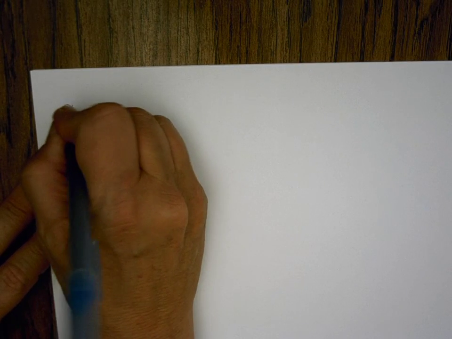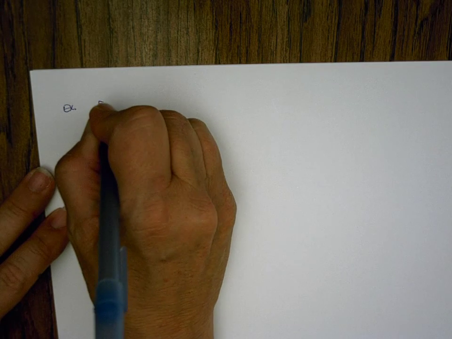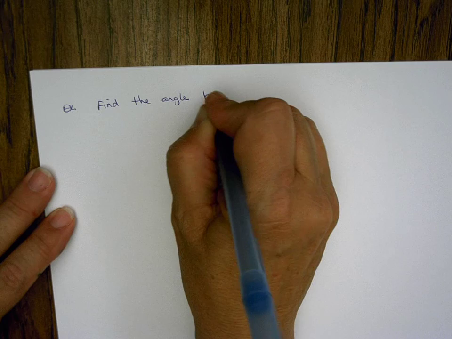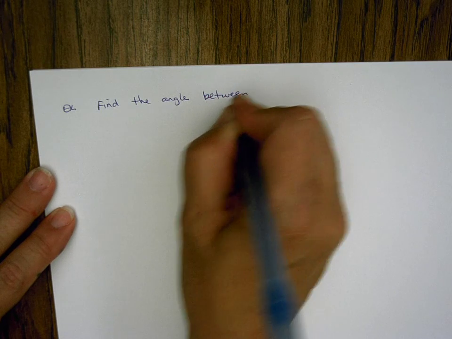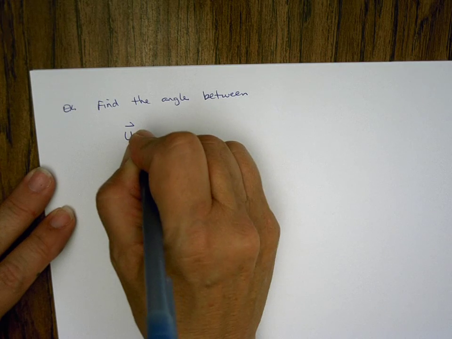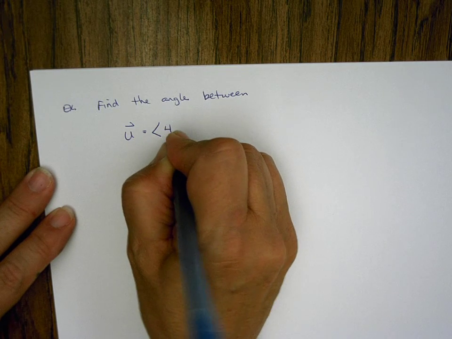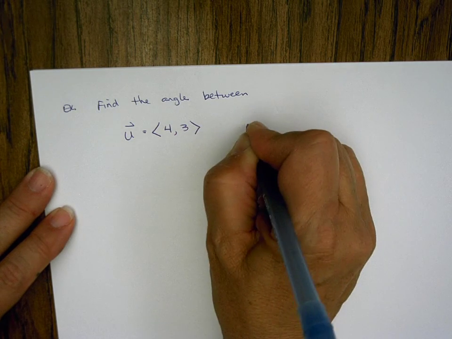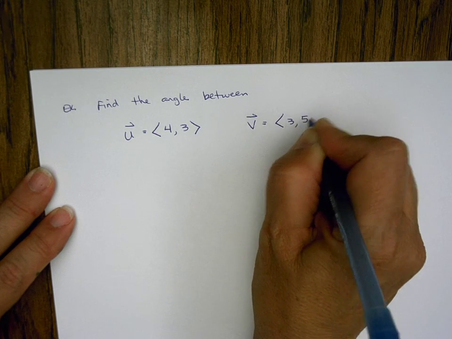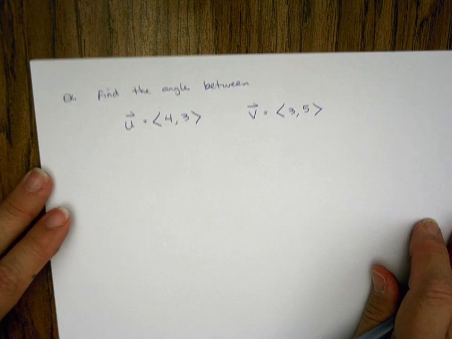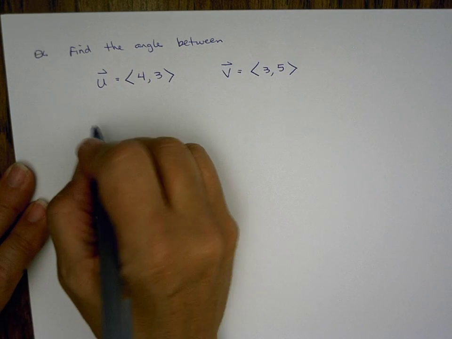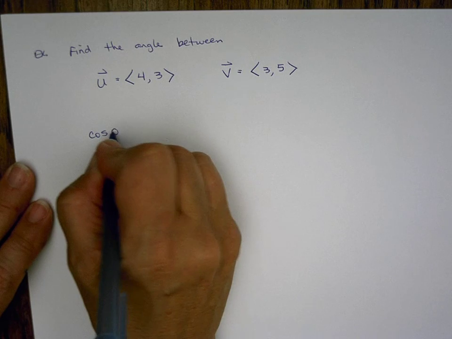So an example is, I want to find the angle between u, which is 4, 3, and v, which is 3, 5. So I'll do the cosine of theta is the angle.